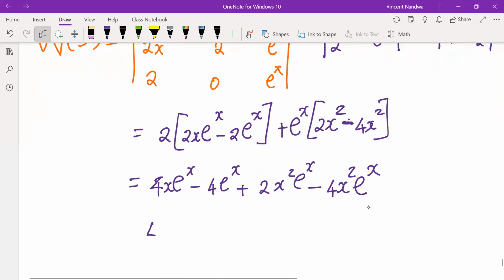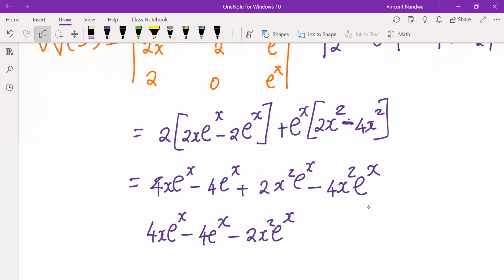So which will be 4x e^x minus 4 e^x, and this will give us minus 2x squared e^x. So that's how we define the Wronskian of functions.